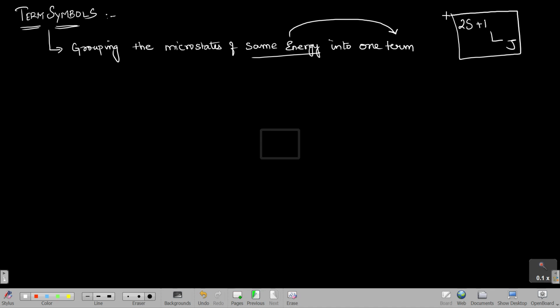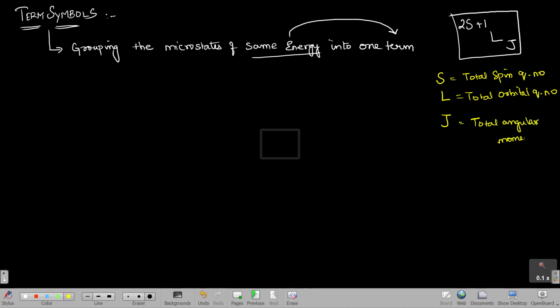Okay, so when we learn it, you will understand what the significance is. But first let me tell you what these values are. Here you can see three things: one is S, the other is L, the other is J. Basically S is the total spin quantum number, L is the total orbital quantum number, and J is the total angular momentum quantum number.